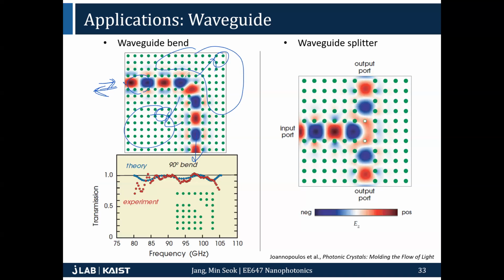And in this example, it's been considered. The reason why it's not having, for instance, an exact 90-degree angle is to prevent reflection, right?